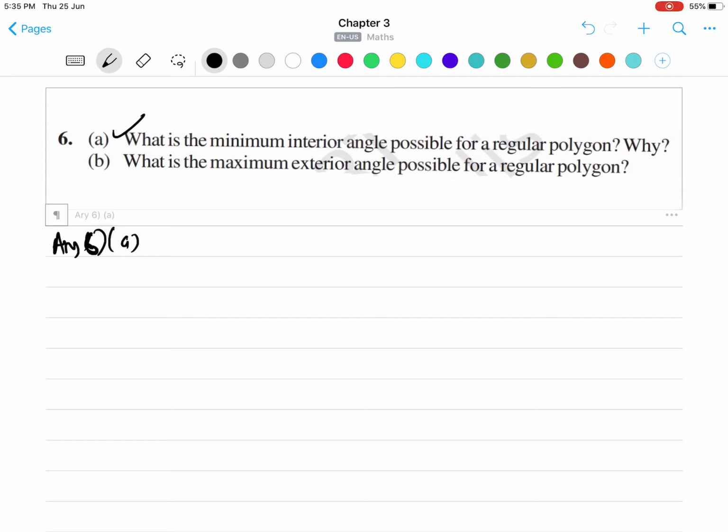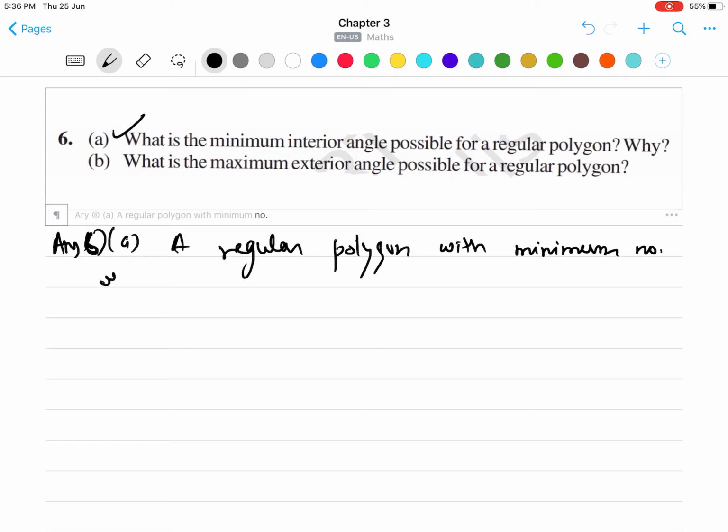So write, a regular polygon with minimum number of possible sides is 3, that is a triangle.